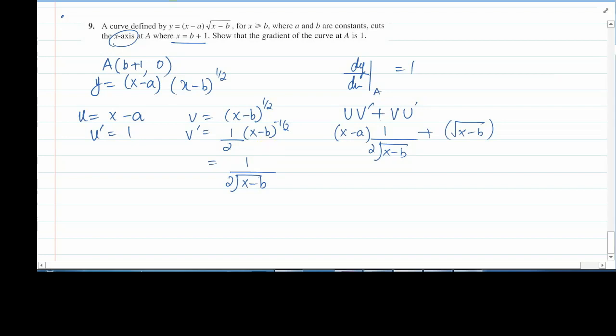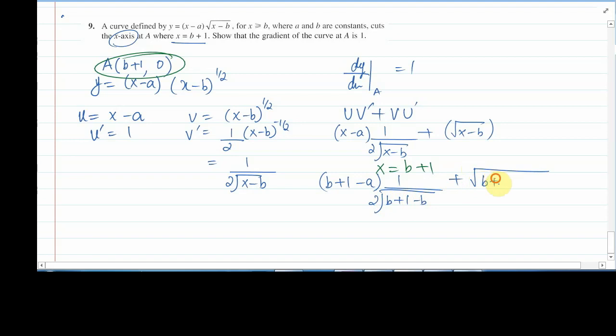So now the value of x we have is x equals to b plus 1, right? That is the coordinates of A. So instead of x, we are going to place b plus 1. So it will be (b plus 1 minus a) times 1 divided by 2 under root (b plus 1 minus b), plus under root (b plus 1 minus b).